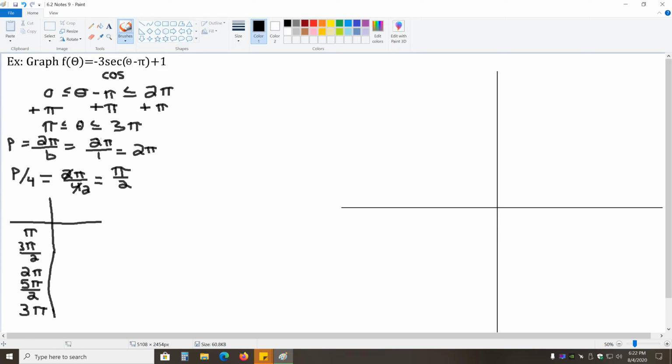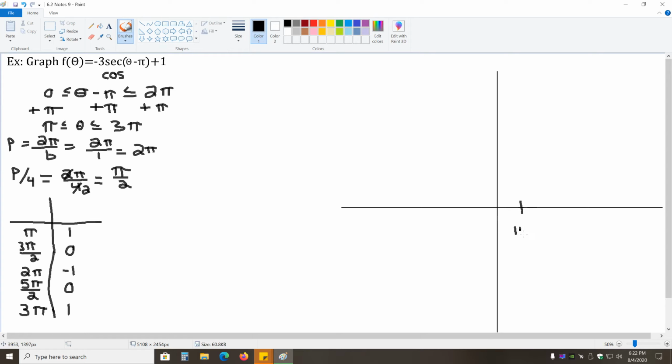So, since we're dealing with cosine, remember our values always start with 1, go to 0, down to -1, back up to 0, and then up to 1. This is always true for cosine. So we'll start with our graph.